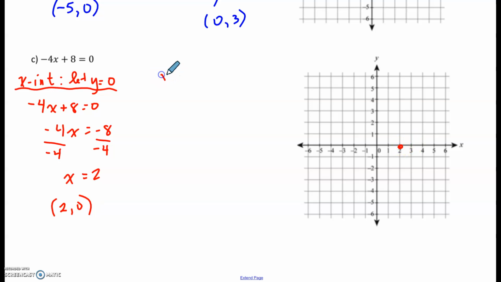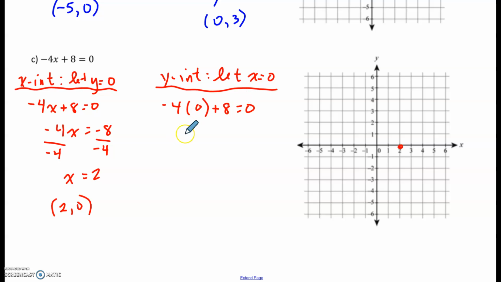Now to get our y-intercept, we're going to let x equal 0. And when I plug it in, notice what happens. There's nothing to solve. So that tells me that there is no y-intercept. So if I only have an x-intercept, that tells me I have a special case.